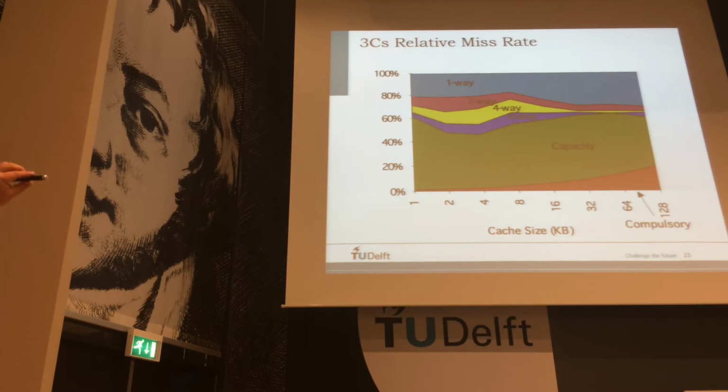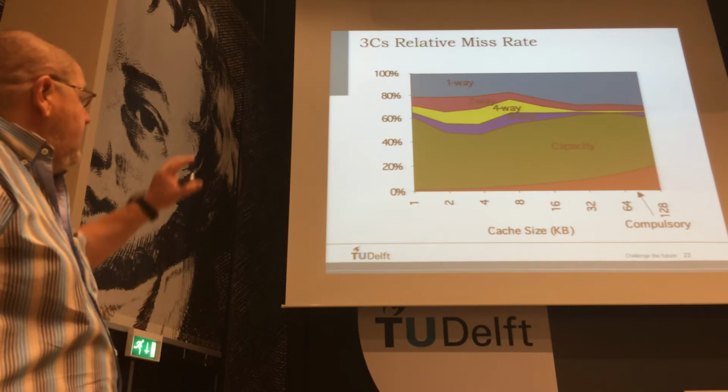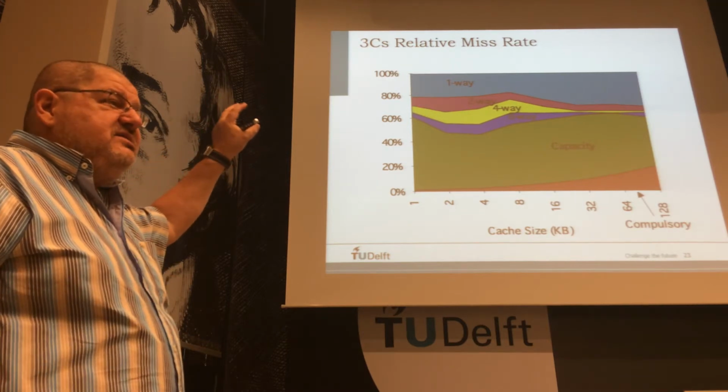Now, this is looking in a slightly different way at the same problem. I have the dimension of the cache and the proportion of the misses which are coming from capacity, from compulsory, and from the lack of associativity. And we see that the big problem is capacity.